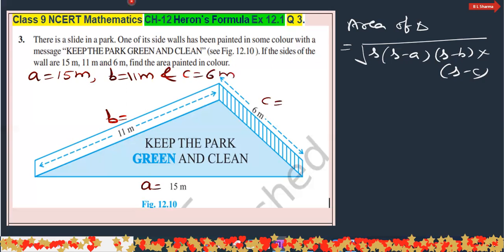तो हमारे पास A आ चुका है, B आ चुका है और C आ चुका है. And now we need S. S means sum of all sides.